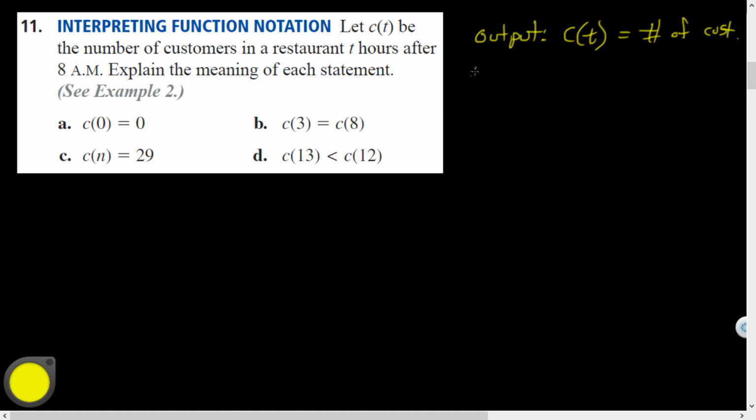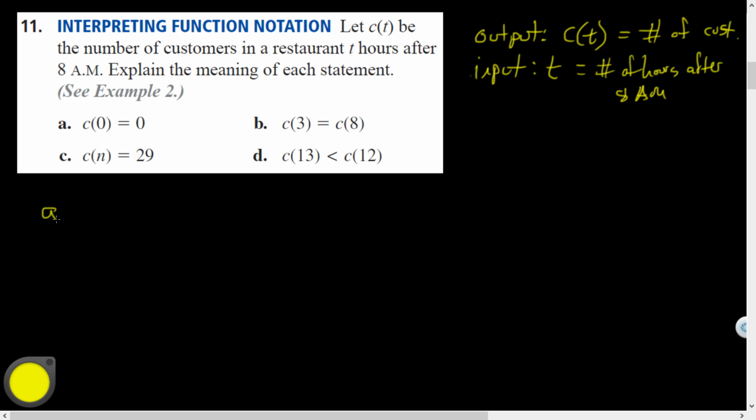And the input, T, is going to equal the number of hours after 8 a.m. Okay, so now we've got to think about what this means.